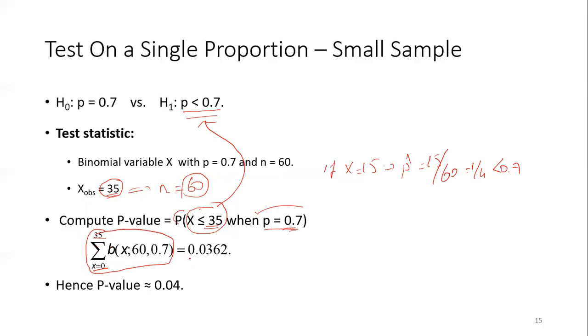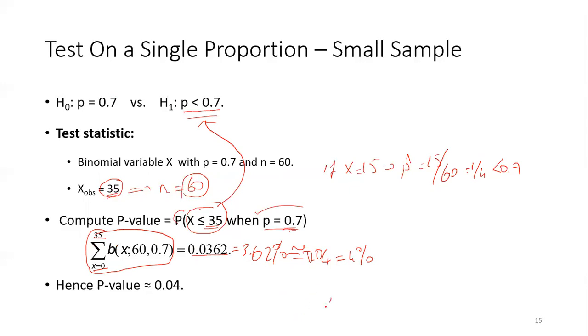It turns out that this probability is 0.0362, which is 3.62%, almost 4%. So this is your p-value.